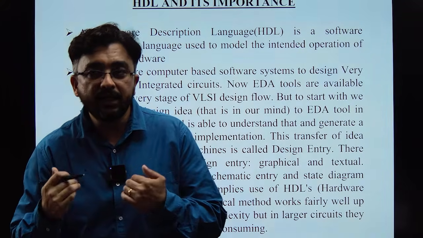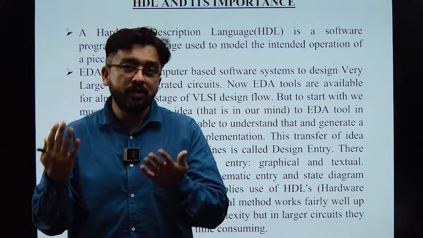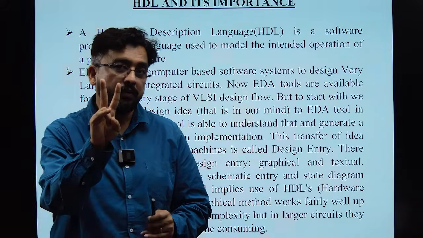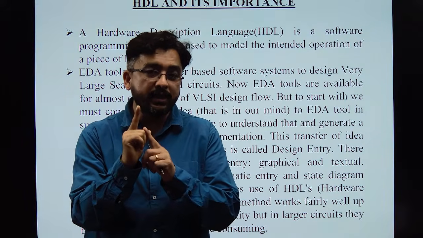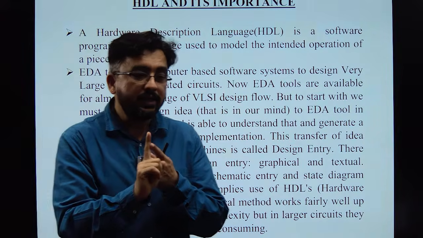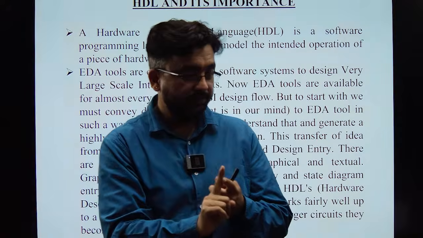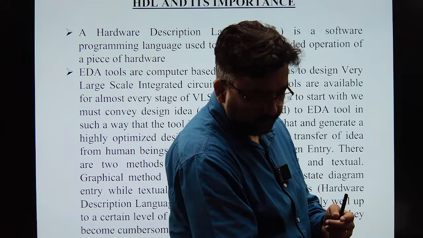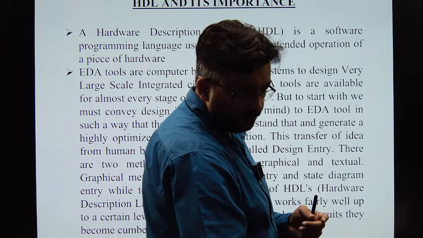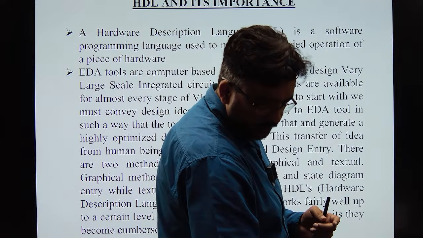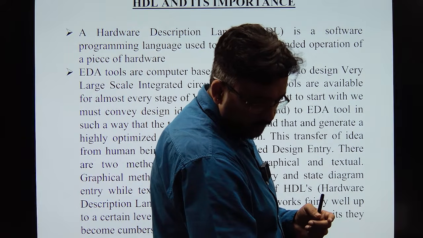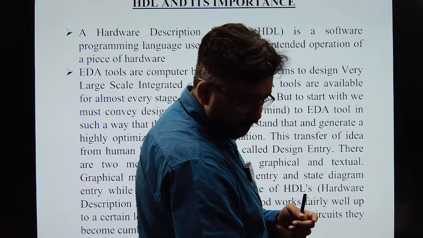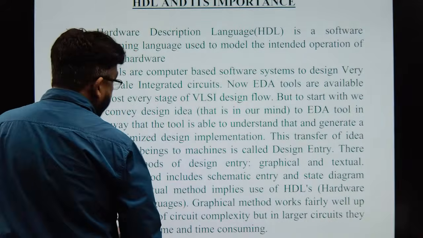So what is design entry? Converting an idea from human being into the machine. We are familiar with two design entries. One is a schematic, which I have shown you, and another is coding.